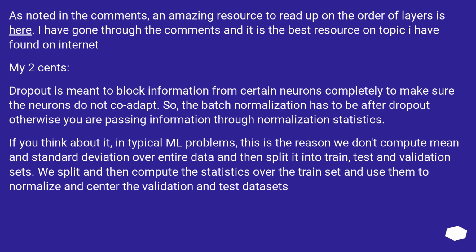So the batch normalization has to be after dropout, otherwise you are passing information through normalization statistics. If you think about it, in typical ML problems, this is the reason we don't compute mean and standard deviation over the entire data and then split it into train, test and validation sets. We split and then compute the statistics over the train set and use them to normalize and center the validation and test datasets.